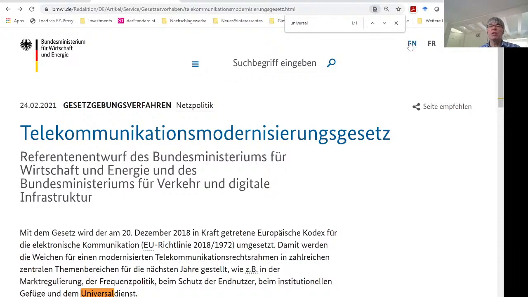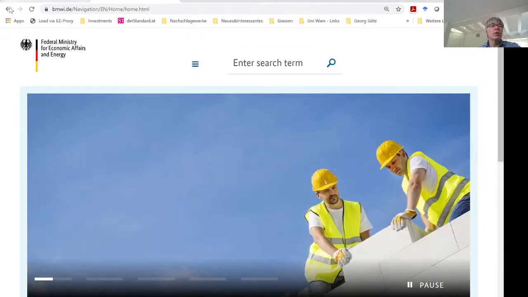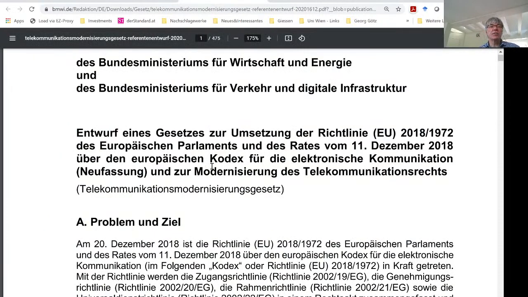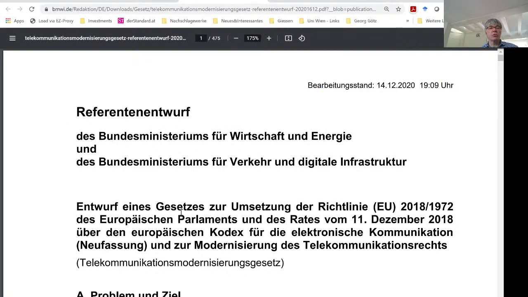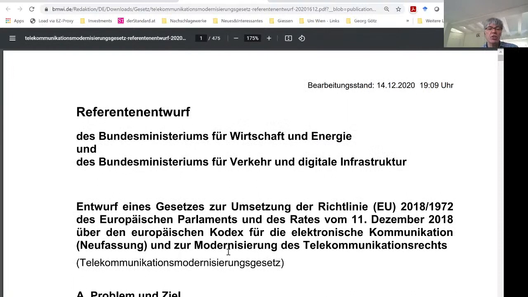Unfortunately, there's nothing in English, because if I jump to the English page, we just get to the very general page of the Federal Ministry of Economics and Energy. And the point is here, what we have here is really a huge discussion about what I had here in terms of Universaldienst. Hopefully you can see that here is the Entwurf. So here's a draft law for this new Telecommunications Act.